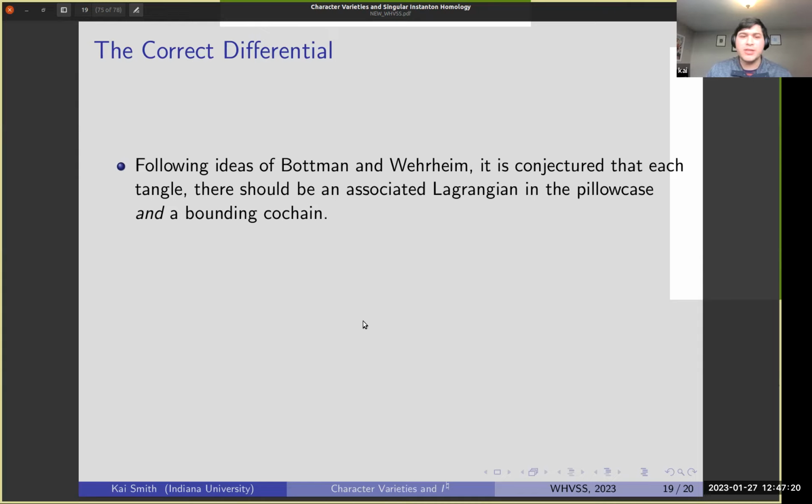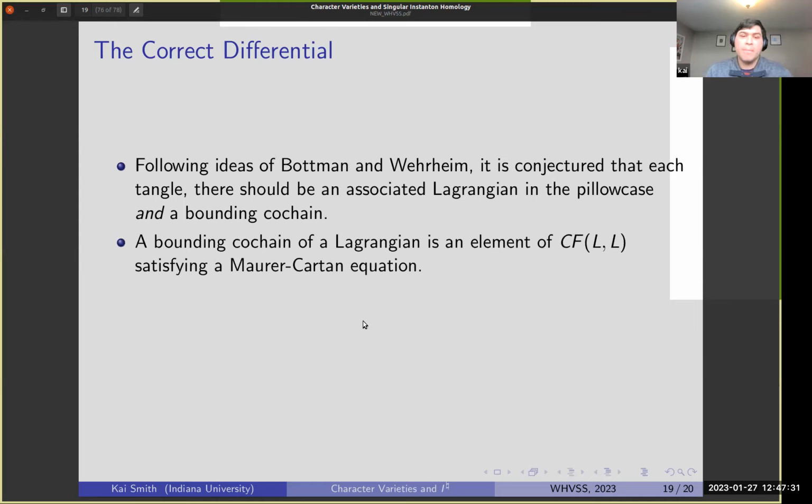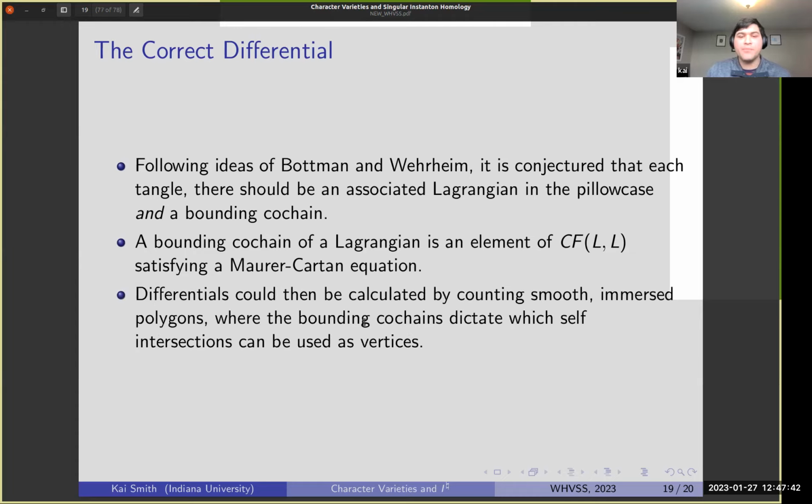And so it's conjectured that for your tangle, the data you really want isn't just a Lagrangian, but a Lagrangian in the pillowcase along with a bounding cochain. And a bounding cochain of a Lagrangian is just a linear combination of the self-intersections of the Lagrangian satisfying a Maurer-Cartan equation. And using that extra data, differentials are then calculated, instead of just counting smooth immersed bigons, by counting smooth immersed polygons of potentially higher order, where the bounding cochains dictate which self-intersections can be used as vertices of these polygons.